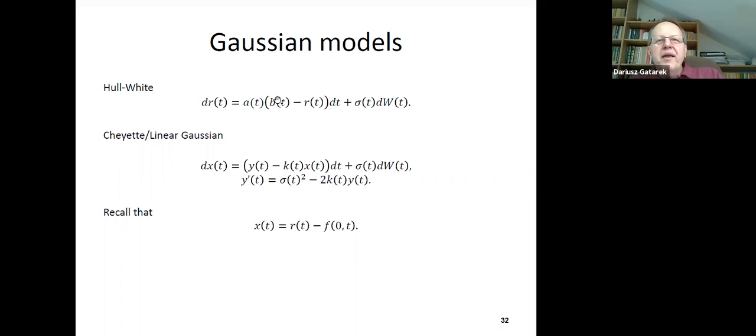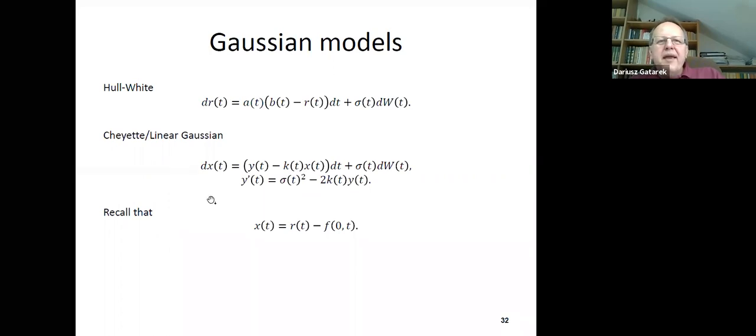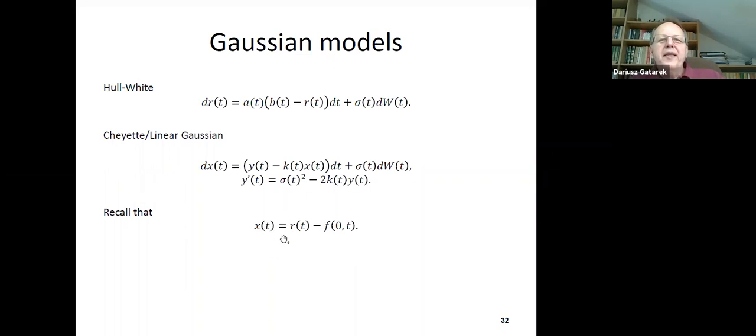So look, these two models are very similar, but of course we don't model exactly the same notion. Here we've got the short rate, which follows such dynamics. Here, this is a centered short rate: short rate minus initial condition, to start from zero.